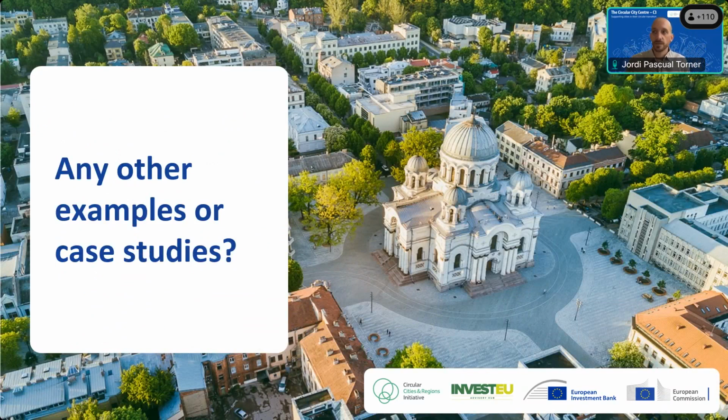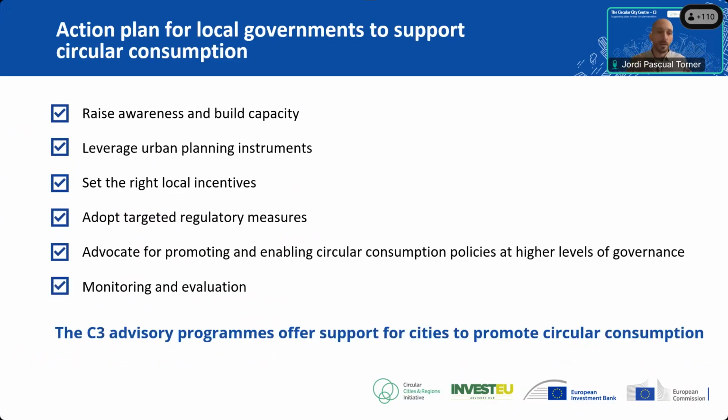So just to close this presentation about the guidance document, I want to finish it with the key points that we extracted from this process of thinking about this topic and learning from experts on how to really embrace circular consumption.